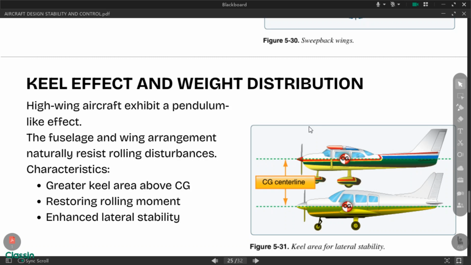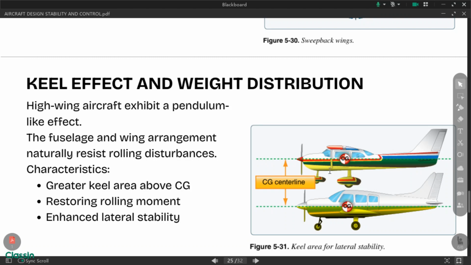So, sa mga aircraft, yung portions natin of the fuselage above the center of gravity would create yung keel effect na sinasabi natin. Okay? This is particularly evident sa high wing natin.